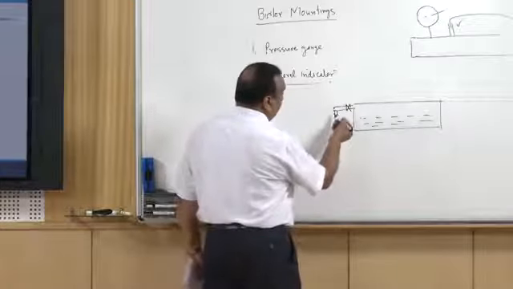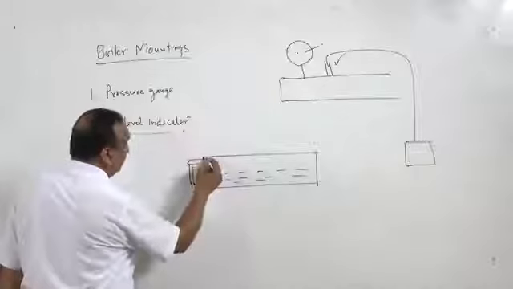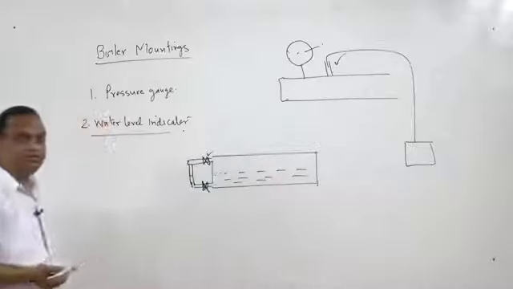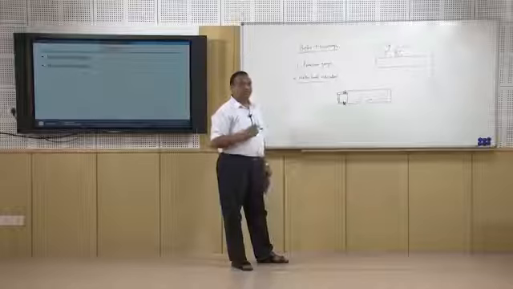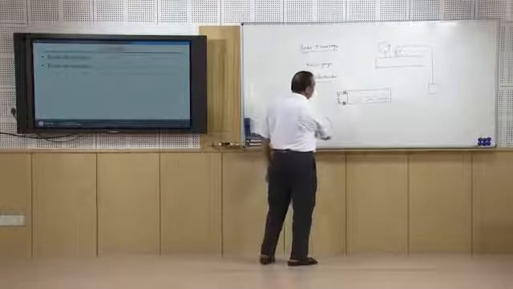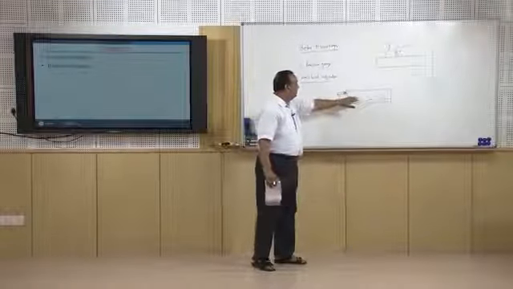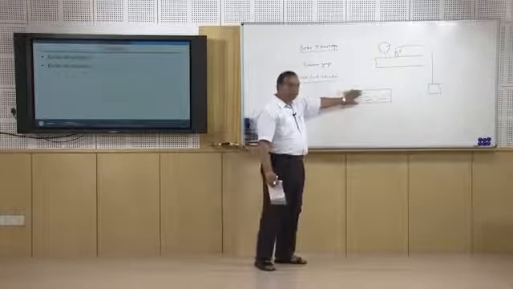This may not be in use as long as the boiler is working. You may close these valves, and whenever you want to see the level, you can open them. This can also be done. But the problem is, suppose this tube breaks, all the steam or fluid inside the container will come out, because this is high pressure fluid.